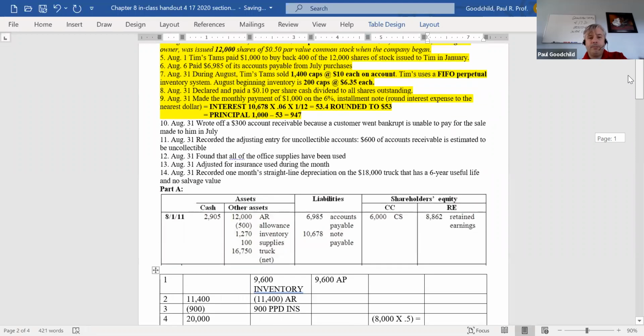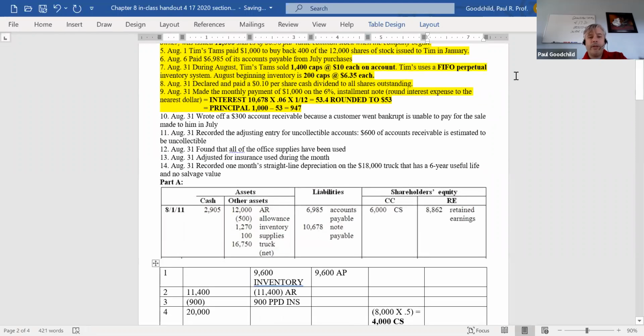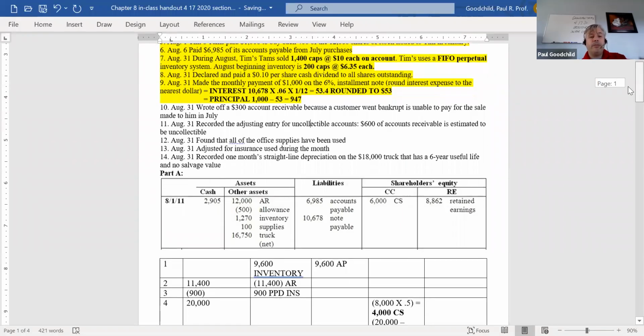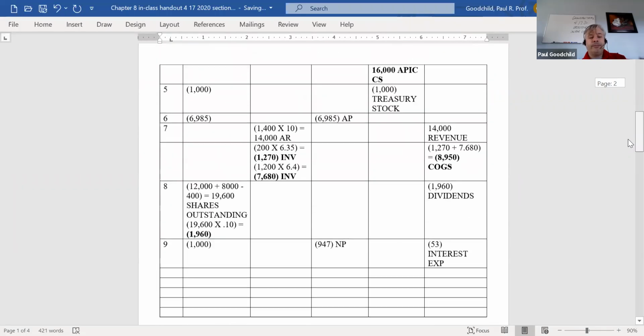All right. So now wrote off $300 accounts receivable balance. On this one, if we look at number 11, we have adjusting entries for uncollectible accounts. So we are making those entries, and presumably we made them in July as well.